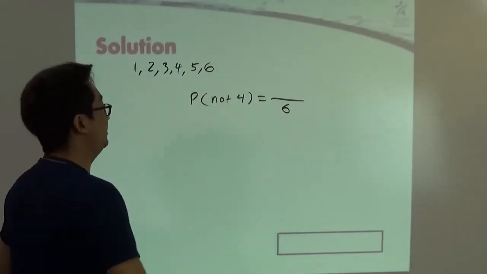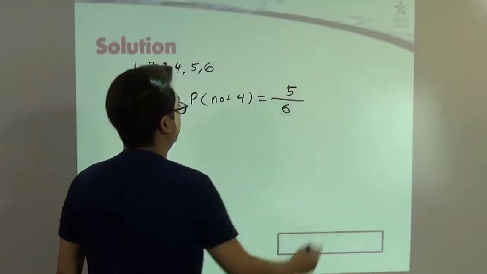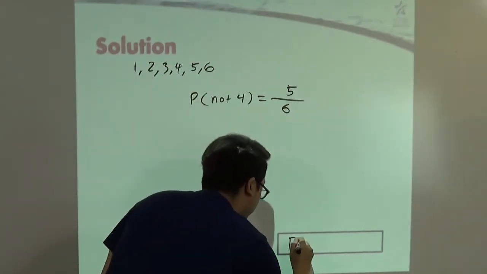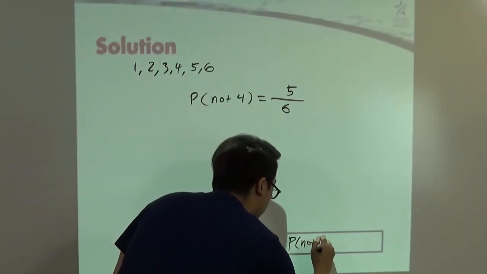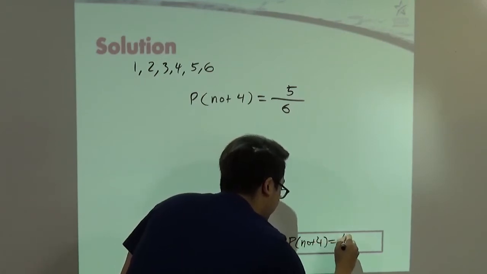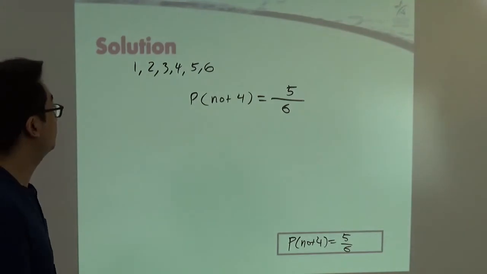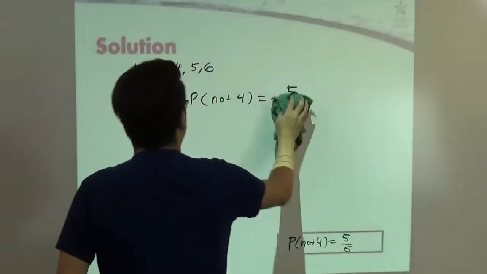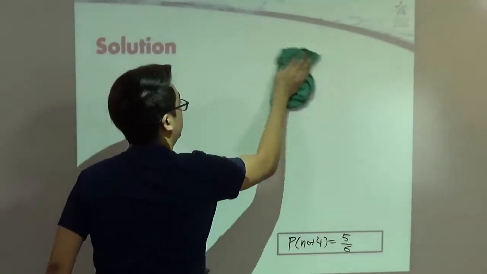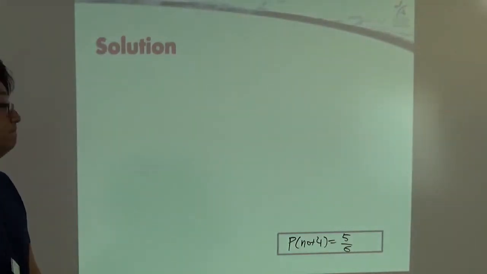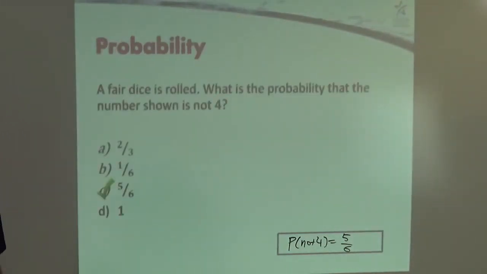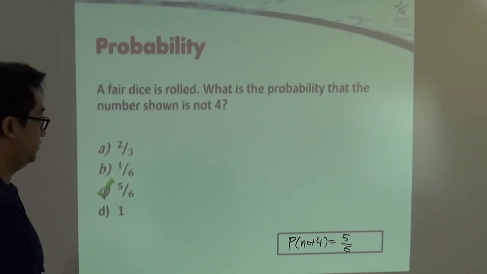Those are 5 sides that are not 4. So the probability of not being 4 is just 5 over 6, which is a good chance. Five over 6. Right, so moving on.